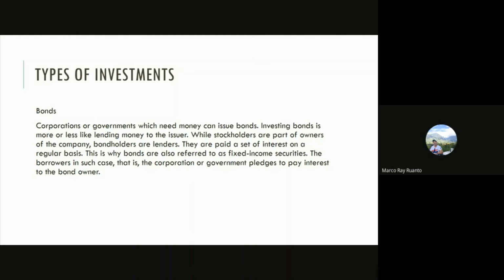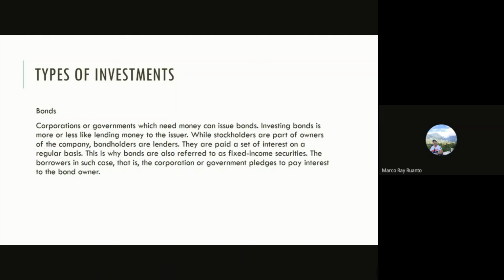So that is the downside of, okay, less ang risk kung magpuan ka sa bond, but the con is that dili ka owner, no? You are not part of the owner kung magpalit ka og bond, no? So bond or coupon bond.